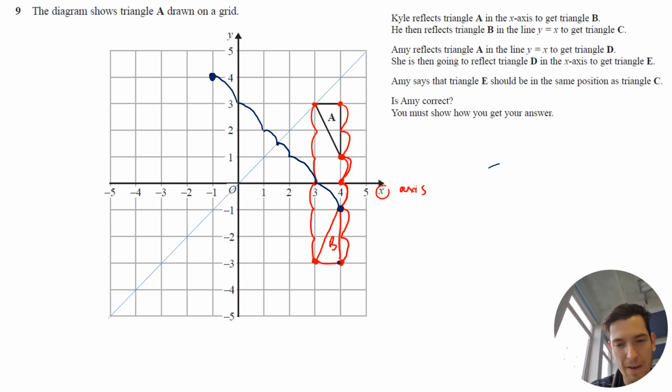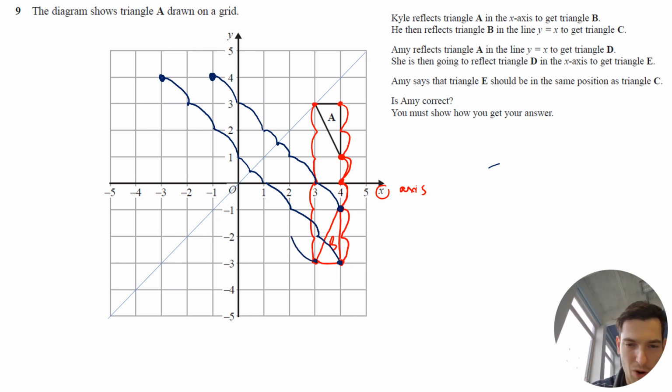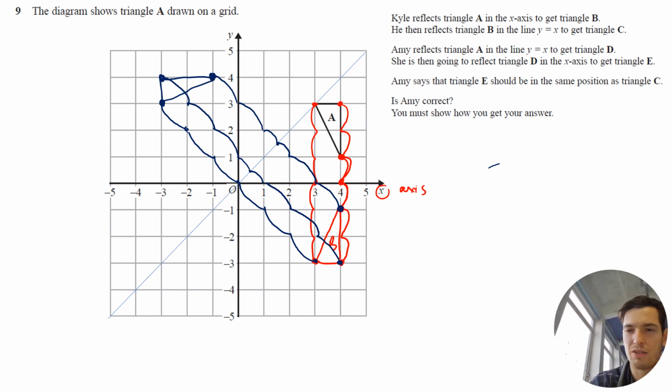So this one down here, half, 1.5, 2.5, 3.5. This one here, 1, 2, 3, 1, 2, 3. Okay, that is triangle C.